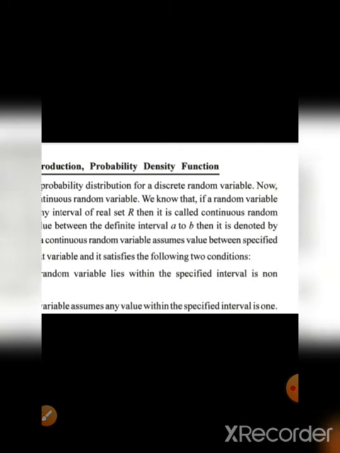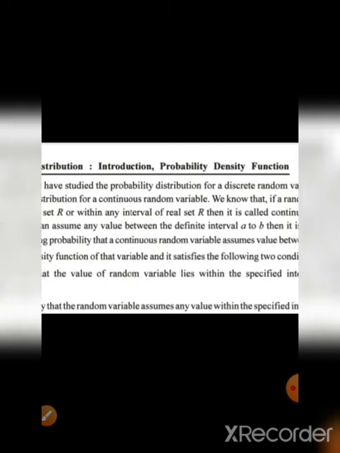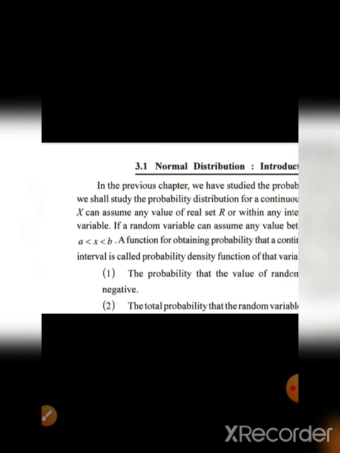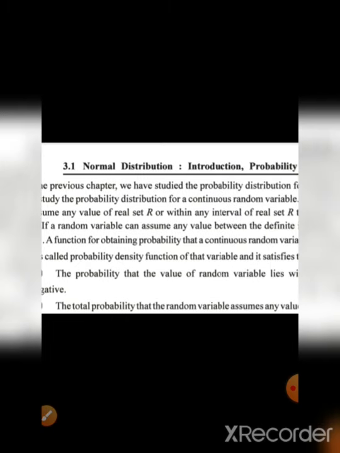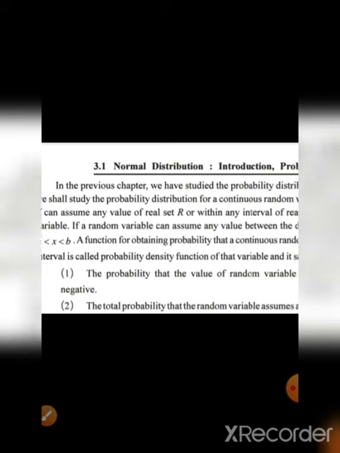If a random variable x assumes any value of a real number or of a set of real numbers, you know what we mean by real numbers, right? So if a random variable x can assume any value of a real set R, or within an interval of real numbers, then it is called a continuous random variable.